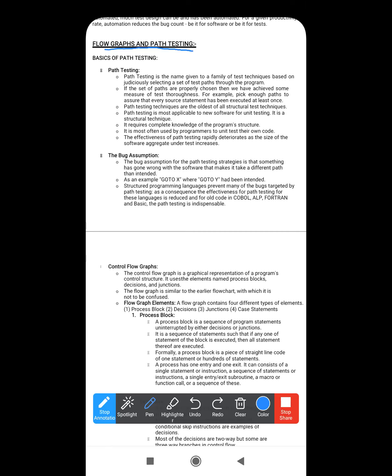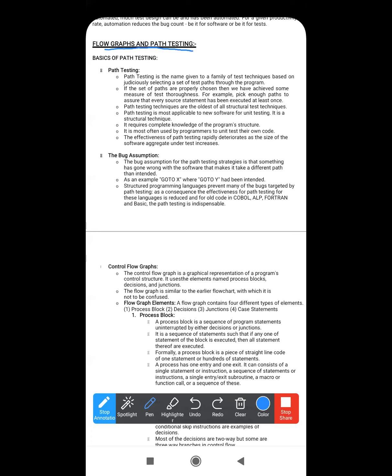And also it requires complete knowledge about the software or about the project we are performing on. While doing the path testing, the person who is doing it should have knowledge about the software.